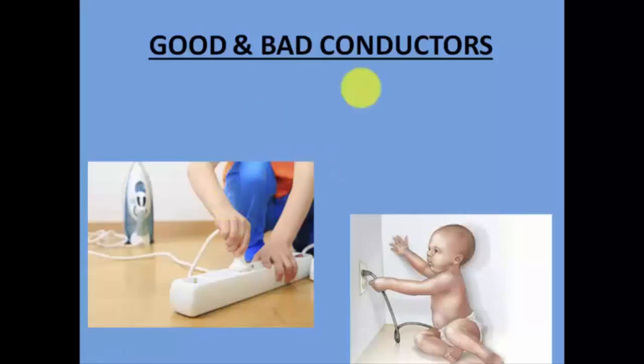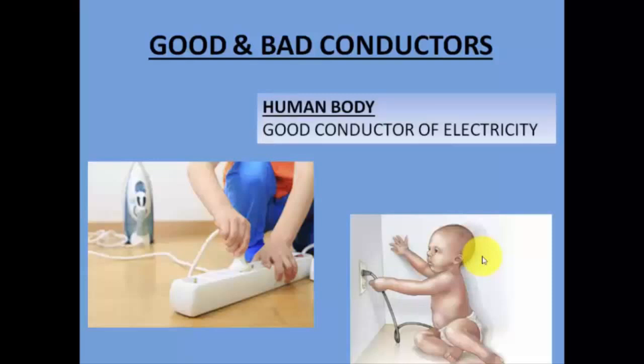So we should be very, very careful that at our homes, especially small children should not be allowed to touch any wire which is lying naked, and should not even be allowed to touch the plug points, because they can give a heavy shock to the human body. So this also confirms that the human body is also a good conductor of electricity, right?